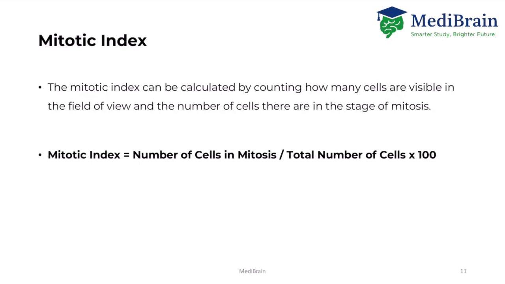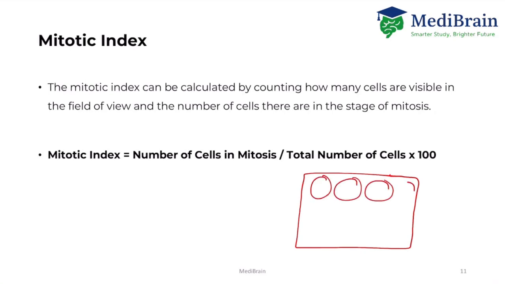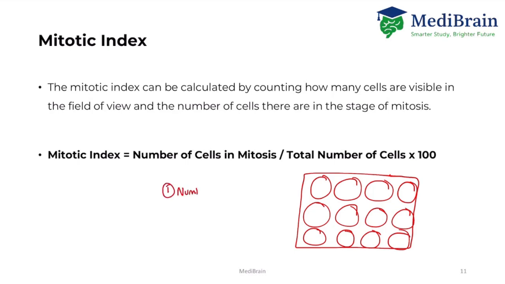Okay, so let's say I'm looking at this area over here, and you've got these many cells. Okay, there's these many cells that I can count. So firstly, you count the number of cells. Okay, so let's say there's 12 cells over here.